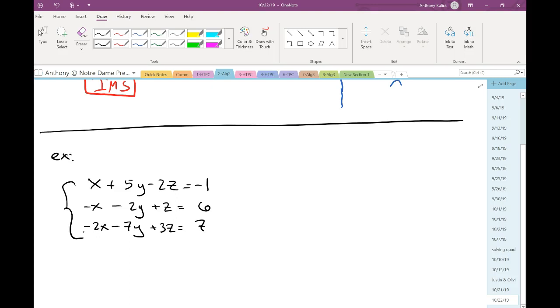This is the reason why I put the bar through my Z's, because if not, they look exactly like my 2's, and I would never be able to tell them apart if I looked away from the problem for a moment and then tried to come back to it. 2Z would turn into 22 really quick. Yeah. So that can happen.